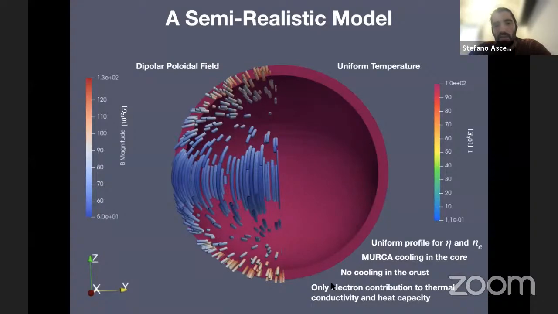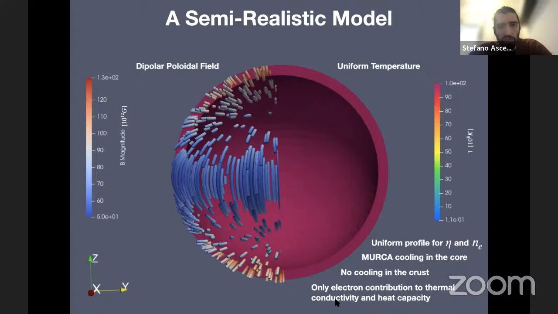Another point is that the microphysical quantities, such as the heat capacity per unit volume and the thermal conductivity, are described by some simple analytical formulas. Moreover, I consider only the electron contribution for these two quantities.